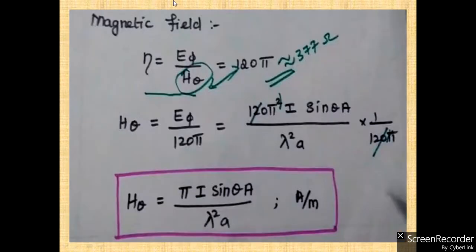Similarly, the magnetic field component we can easily calculate by the relationship of intrinsic impedance with E and H. So eta equal to E phi by H theta, which is equal to 120 pi. Then simplifying, H theta equals pi I sin theta into A by lambda square r amperes per meter. This is how we calculate the magnetic field and the electrical field.